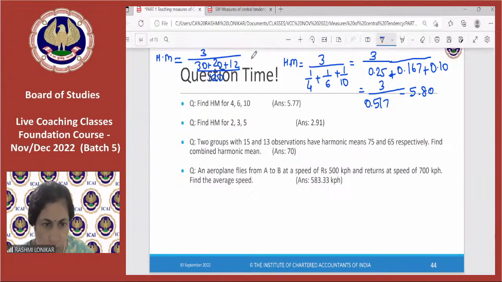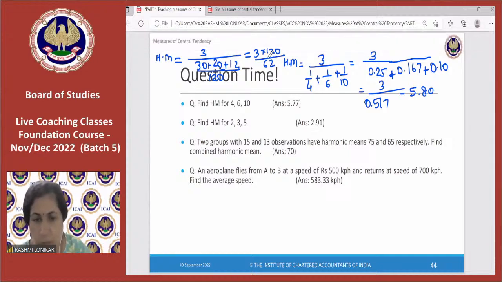This will be equal to 3 into 120 upon 62. Divided by 62, you get 5.8. Either way you do it, whichever method is convenient for taking the decimal. I have done this individually, and here I have found the LCM and done it also. So this is the correct answer, 5.80.